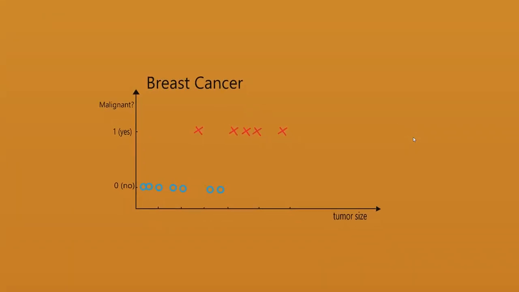Another example is breast cancer, which is a really important task and really useful: to predict if a breast cancer is malignant or not based on the tumor size. So given the size of the tumor, you can know if the tumor is malignant or not by giving 0 or 1, yes or no, because there are just two possible answers.